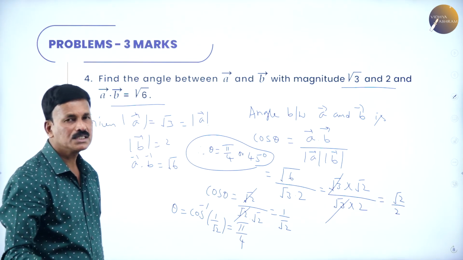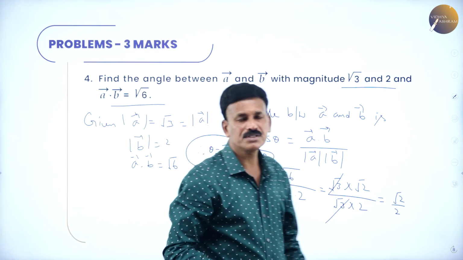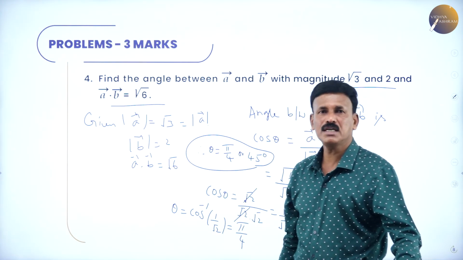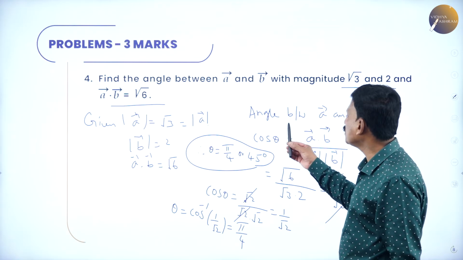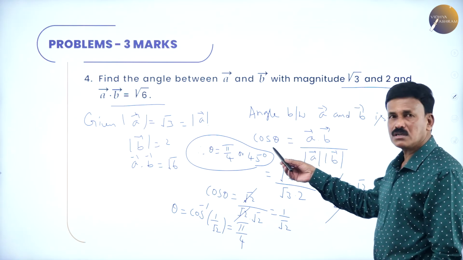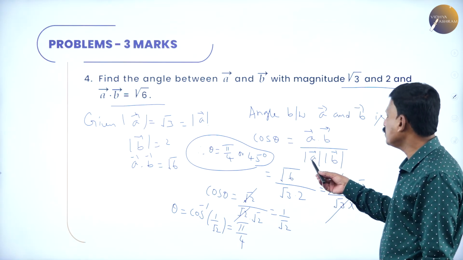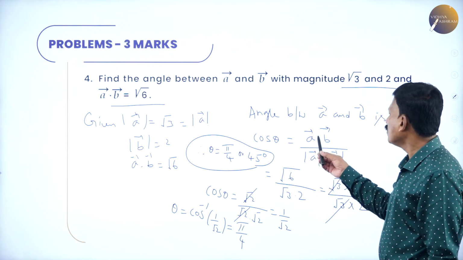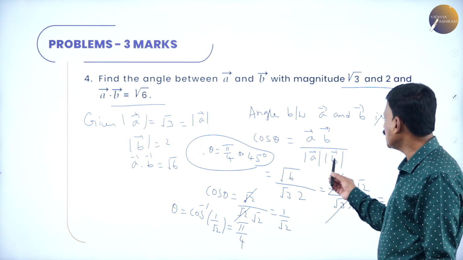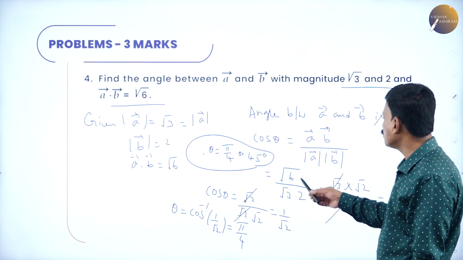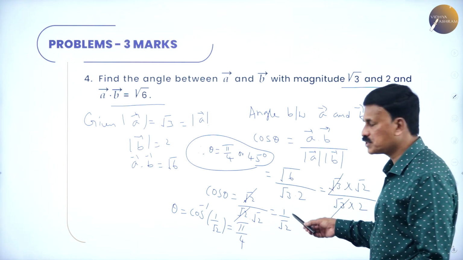Very simple, just like the previous problem. They have straight away given the length of A, the magnitude of B and A dot B. Find out cos theta. Cos theta is equal to A dot B divided by length of A into length of B. Length of A is root 3, length of B is 2 and A dot B is equal to root 6. Let us split this.